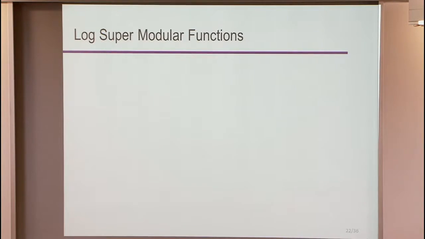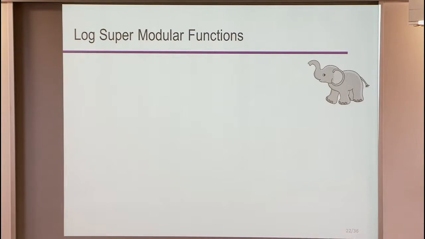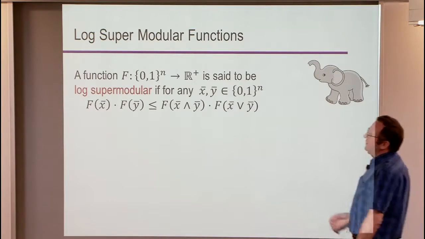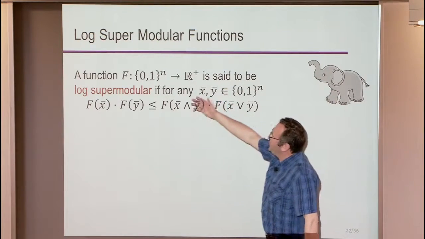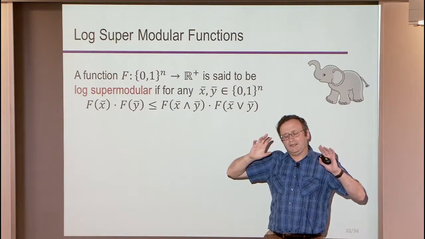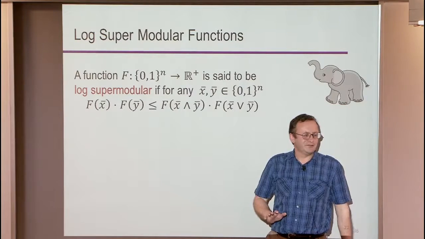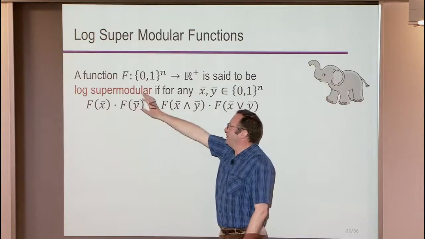Okay, look right. The first animal in our walk is a big one. This is the set of the log supermodular functions. What is a log supermodular function? I will restrict myself to functions on the 0-1 domain, on a 2-element domain. That will be enough. I'm not going to look any further.